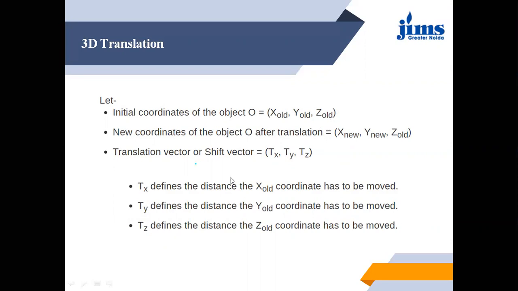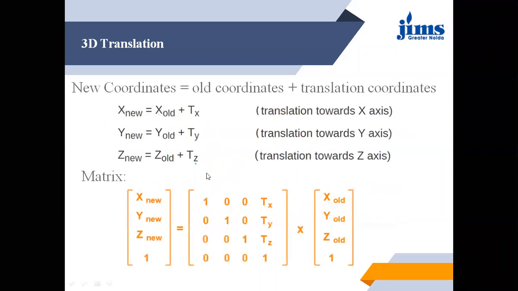So x new will be x old plus Tx, meaning translation towards the x-axis. Same translations on the y-axis and z-axis.